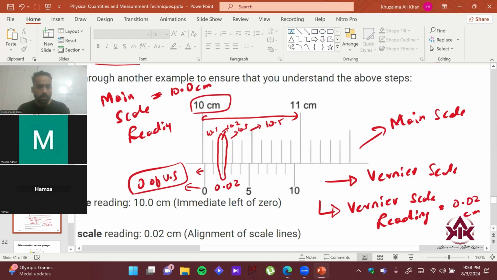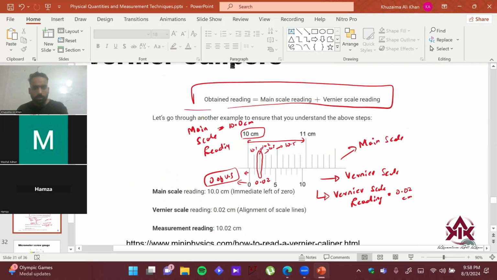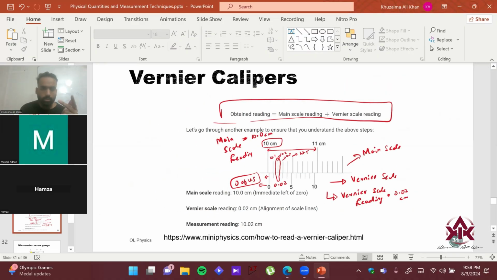ठीक है, so your final reading क्या होगी आपके पास? आपकी final reading होगी, you will add both the measurements into the formula. So your obtained reading is going to be 10.0, which was the main scale reading. ठीक है, you will get the whole number plus 1 decimal place number. ठीक है, 10.0 है हमारे पास.